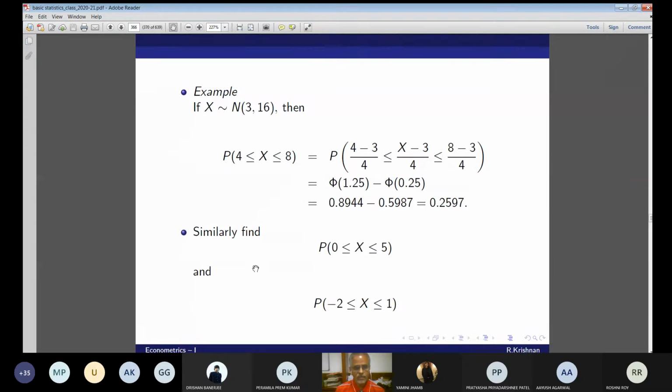For example, if X is normally distributed with mean 3 and variance 16, then this is what you get. Find the other two with the help of the tables.